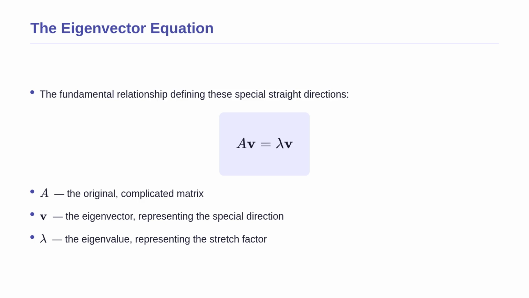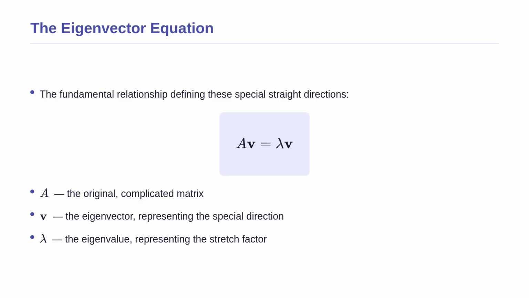This brings us to the fundamental relationship that defines these special directions. The equation is Av = λv. Conceptually, this means applying the complicated matrix transformation to our special vector produces the exact same result as simply multiplying that vector by a single number.